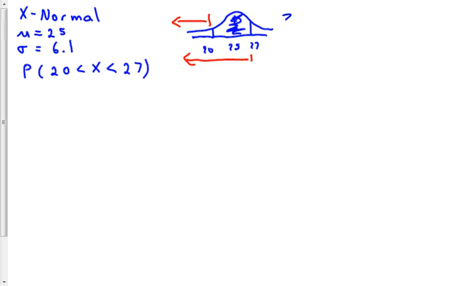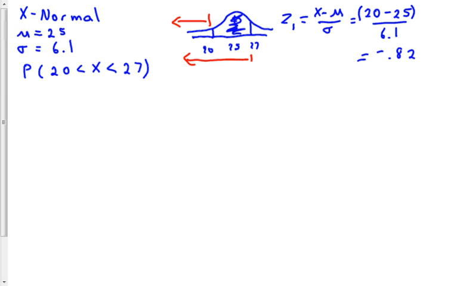So again, we have to find our z-scores. The first one, again, it's an x minus mu over sigma. 20 minus 25 over sigma, which is 6.1. That gives us a score of a negative 0.82.